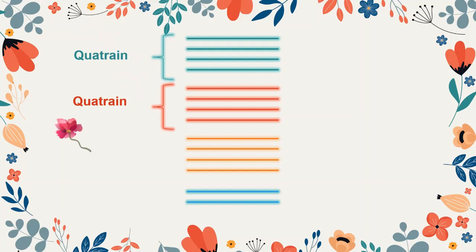Another break. 1, 2. The last part. Each four line stanzas in English language are called quatrains. So we have three quatrains or three divisions of 4 lines, and then a final concluding couplet.